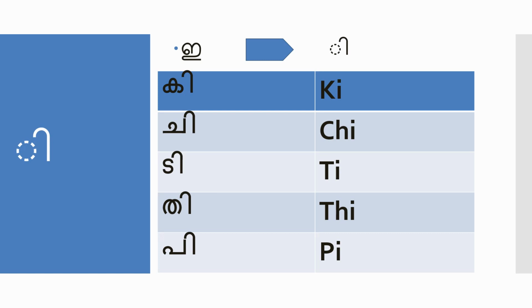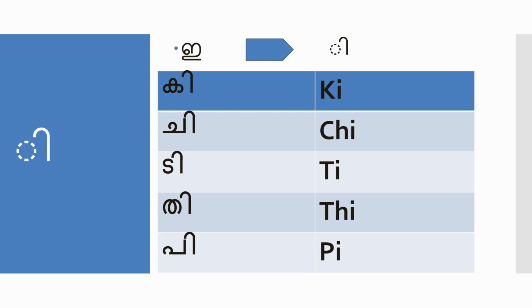So here is the simple E, and I have written it along with consonants, and we can see the pronunciation on the right hand side. The first one is key. It is short, it is not a long E, this is short.